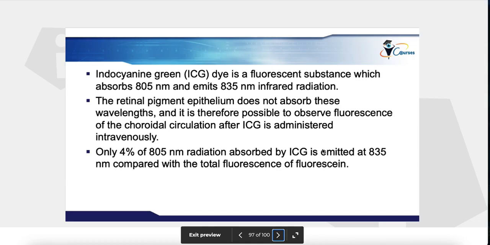So it is useful to observe the fluorescence of the choroidal circulation. This ICG is administered intravenously, as only 4% of the 805 nanometer radiation absorbed by the ICG is emitted at 835 nanometer, compared with the total fluorescence of fluorescein.